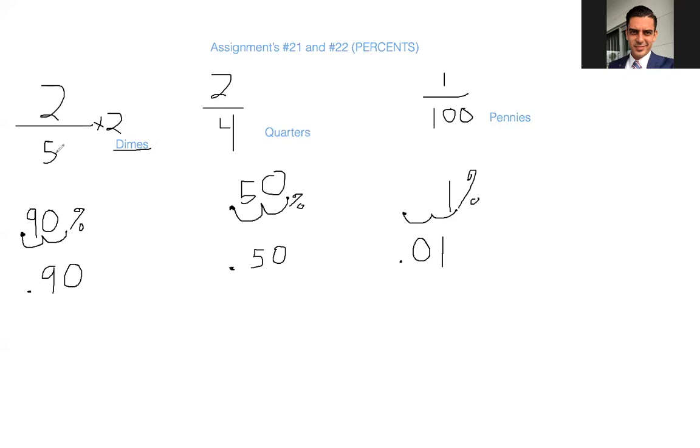Then the bottom would give me a 10, since 5 times 2 is 10, and 2 times 2 is 4. So I can make it into my shortcut. Sometimes you can do that, and that's the beauty of learning these shortcuts: sometimes you can take a little shortcut and save yourself a lot of math. So in this case, it's 4 over 10, which is 40%, because if you have 4 dimes, that's 40 cents or 40%.